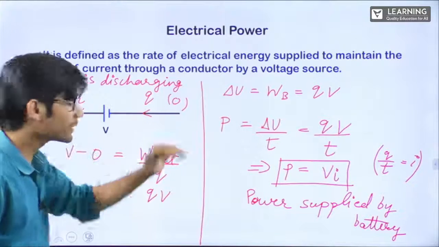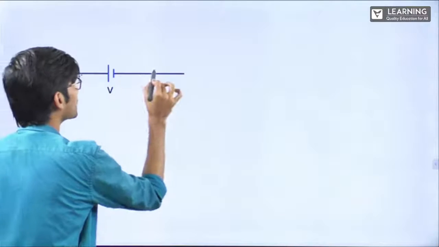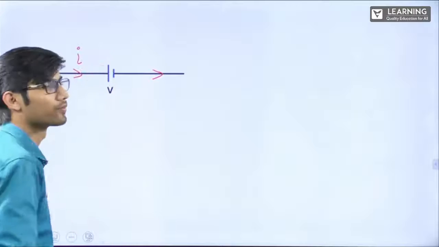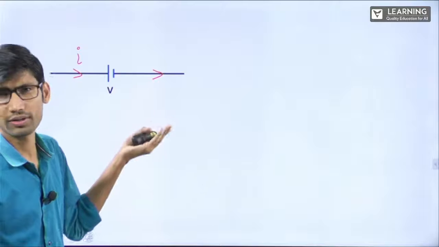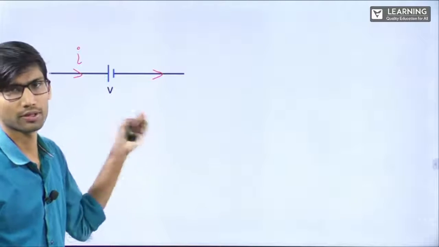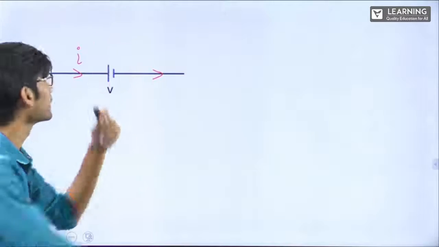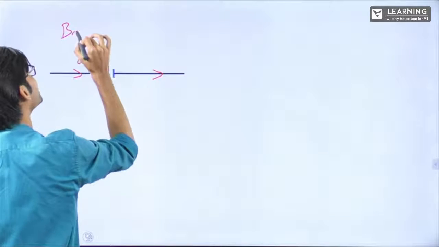Now, if the current is flowing in the opposite direction, let's say this is the case. Very rare, you wouldn't have seen till now because no questions are formed in this particular scenario for you, right? This is battery is charging.